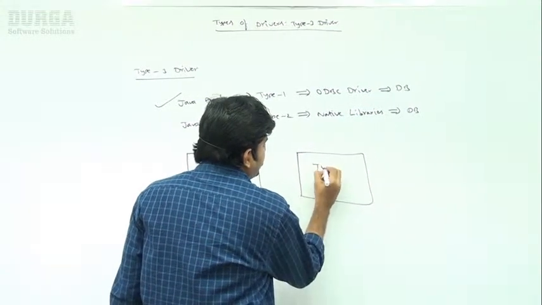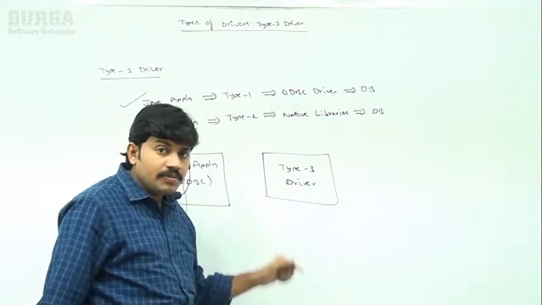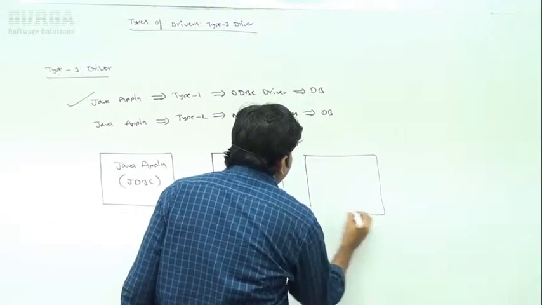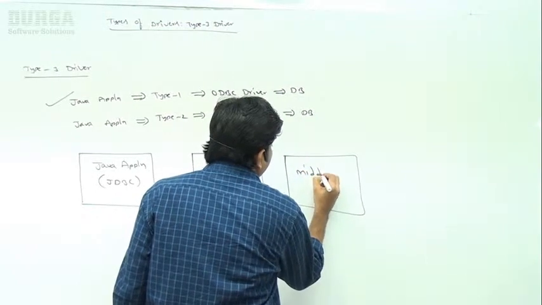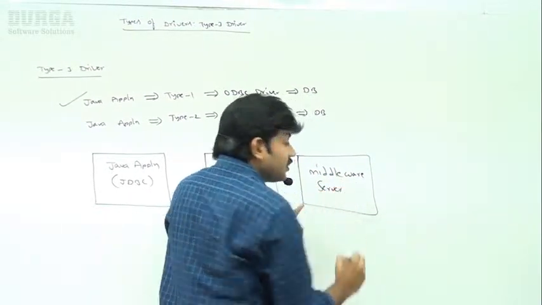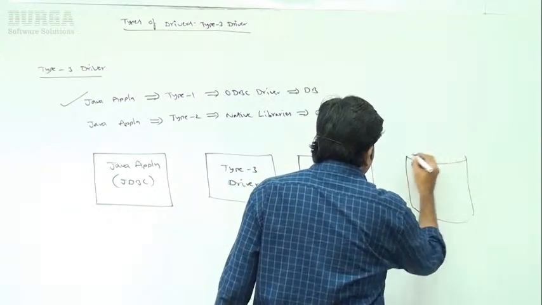Observe carefully, sir. The type 3 driver internally communicates with the middleware server. This middleware server internally communicates with the database.